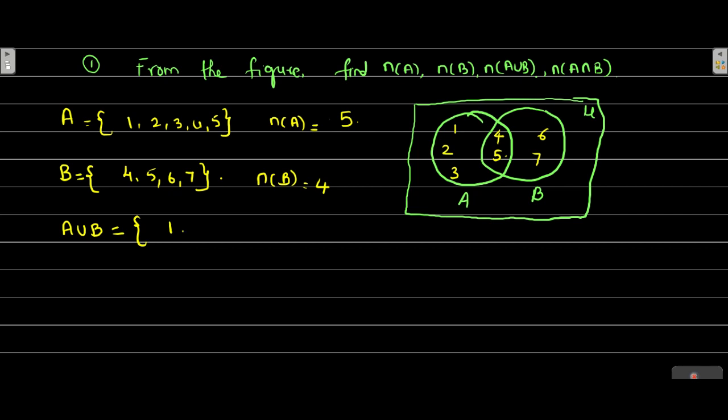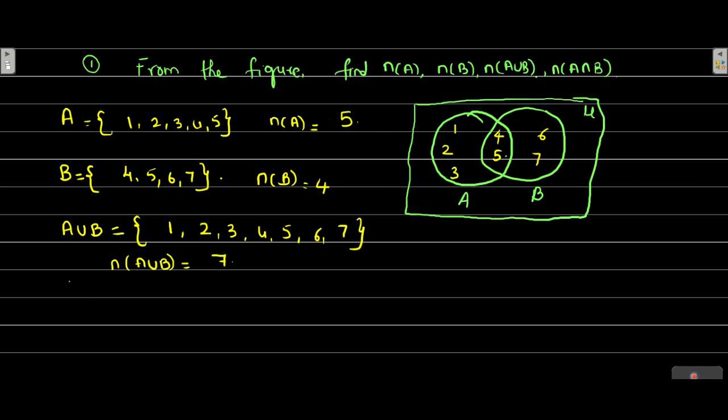So, A union B will have the elements 1, 2, 3, 4, 5, 6, 7. And as you can see, n of A union B is, let us count, 1, 2, 3, 4, 5, 6, 7 elements. So, the total number of elements is 7. So, n of A union B is 7.